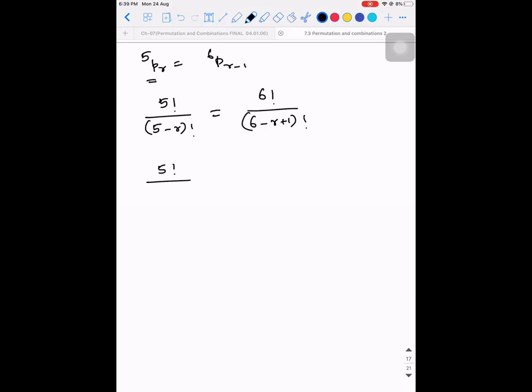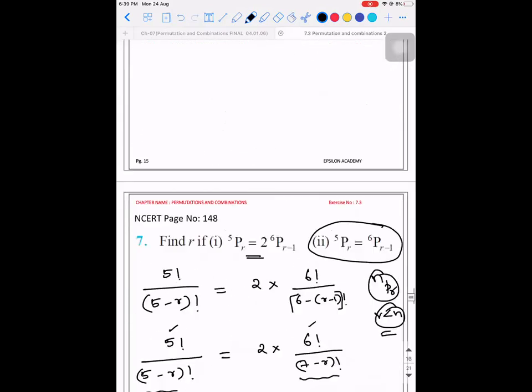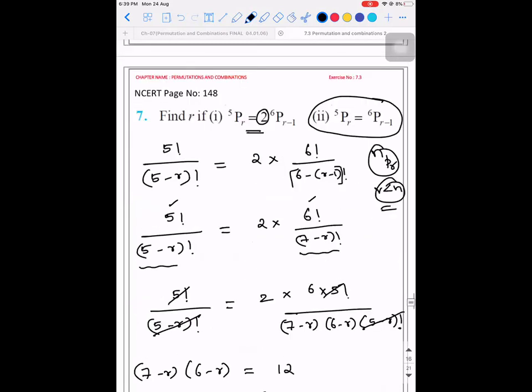So it is 5 factorial divided by (5 minus r) factorial is equal to 6 factorial divided by (7 minus r) factorial. It's similar to the previous problem, right? The difference is here you have a 2, here you don't have a 2.